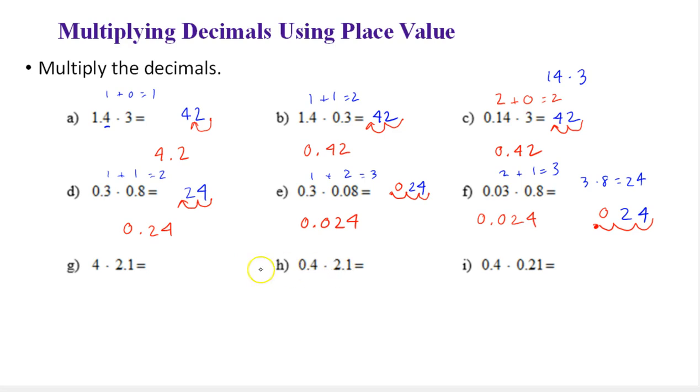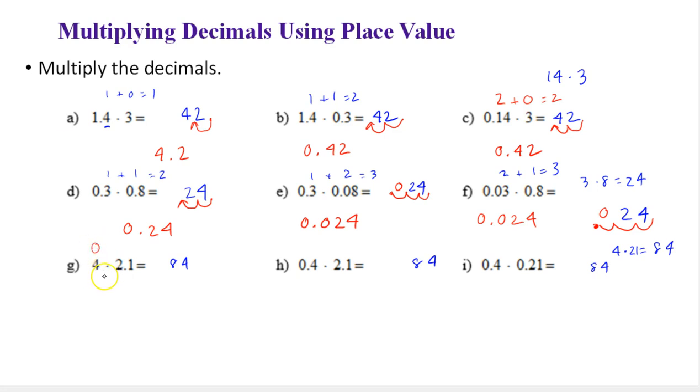Now, all of these involve multiplying 4 and 21, okay, if we ignore the decimals. So 4 times 21 is 84. So I'm going to start by putting 84s here. Now let's look at the number of decimal places to the right of the decimal. Here, this is 0.